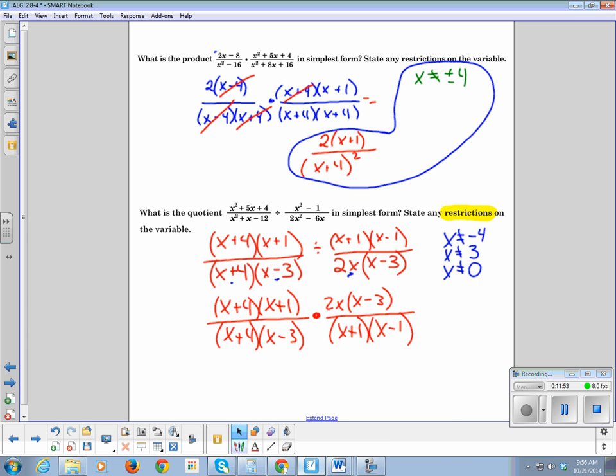Now we're going to cancel things out. It's going to be sweet. Been waiting all day for this. x plus 4, x plus 4. x minus 3, x minus 3. x plus 1, x plus 1. Cancel, cancel, cancel, until we're left with just a 2x on the top and x minus 1 on the bottom.